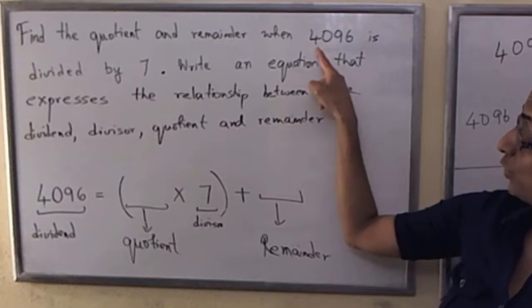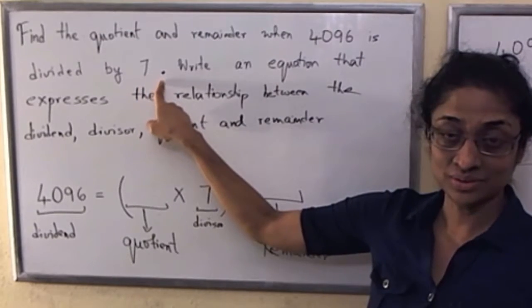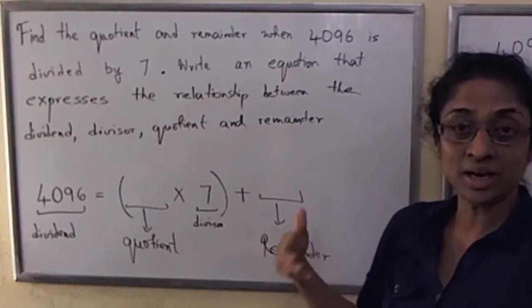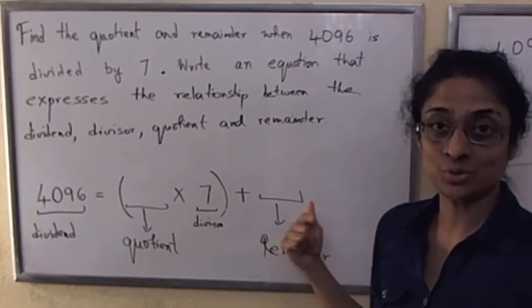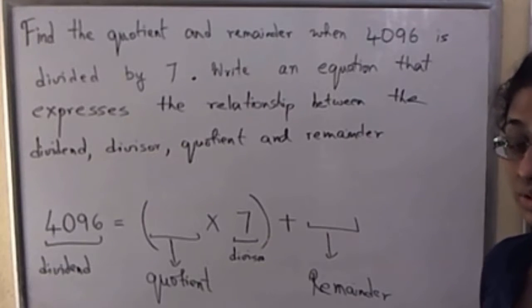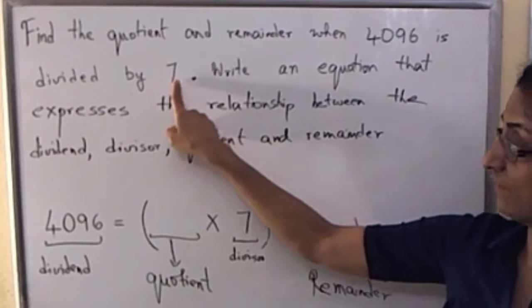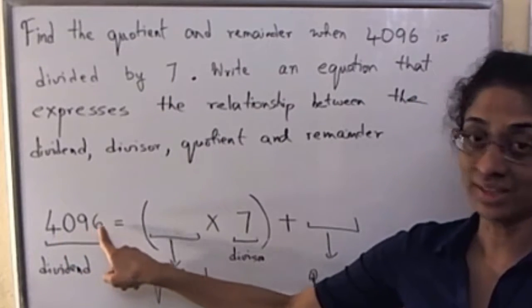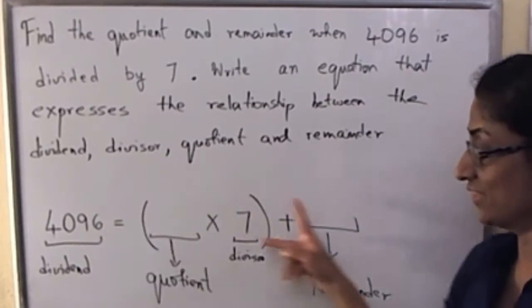So recall that 4096 is the dividend, 7 is the divisor. When we carry out this procedure of division with remainder, this is what we do. We look for the maximum number of multiples of 7 in 4096 and we record our findings in this manner.